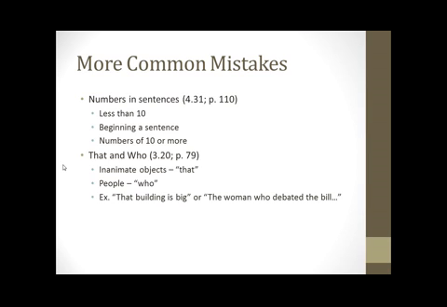Inanimate objects are typically referred to as that, and people are referred to as who. For example, if you're referring to an object like a building, that building is big. For a person, you would say the woman who debated the bill, not the woman that debated the bill. So you want to remember to distinguish those as well, as that's another common area where pitfalls happen in writing.